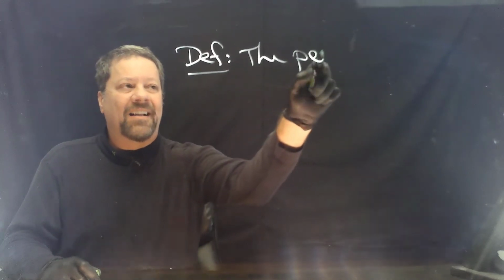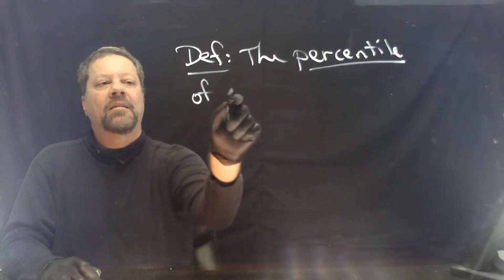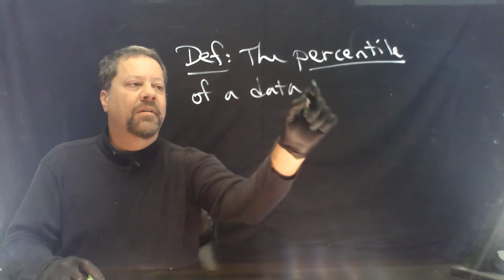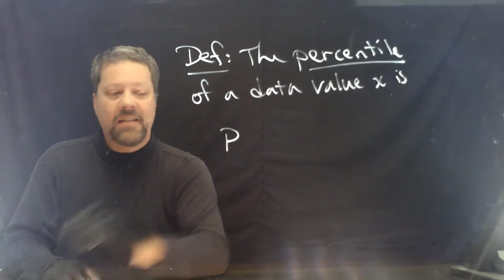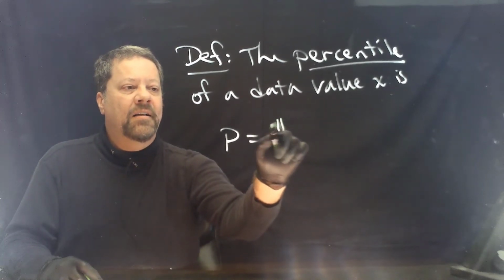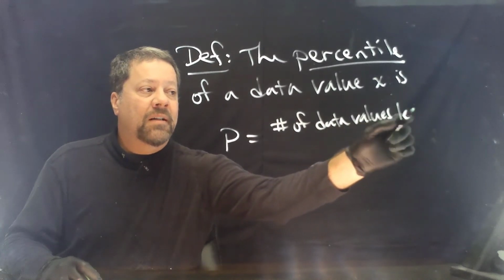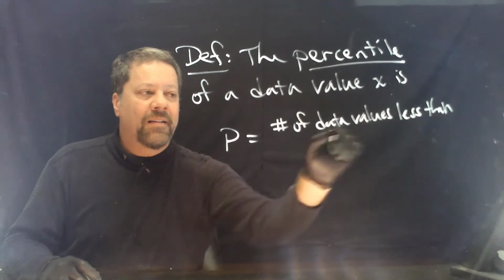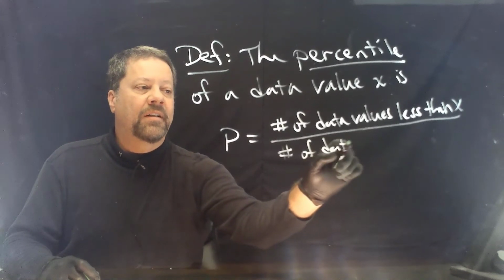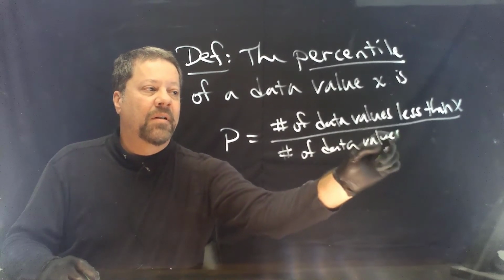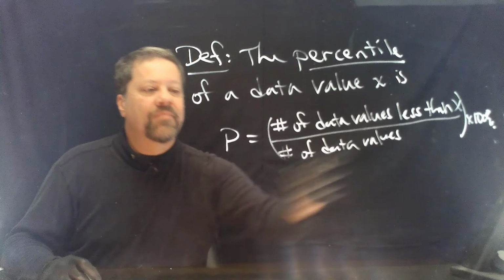The percentile, not percent, but percentile of a data value X. It's denoted by, let's say, P, and it's the number of data values less than X divided by the total number of data values, and then we're going to multiply all of that times 100%.